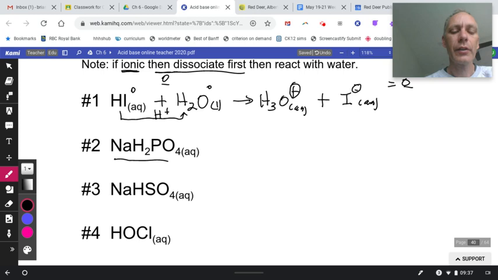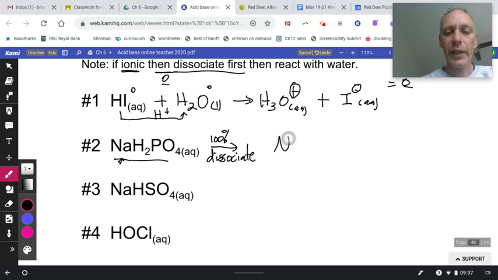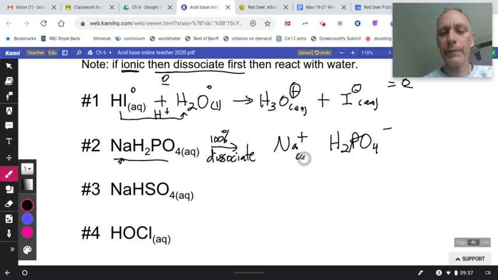Okay, now this is an ionic compound. So here's an example. We're starting with an ionic compound that has a metal. So we're going to dissociate first into its 2 ions. So we get an Na+ and an H2PO4-, 2 aqueous ions. Now you look at those and go, okay, well, which of those is the acid?